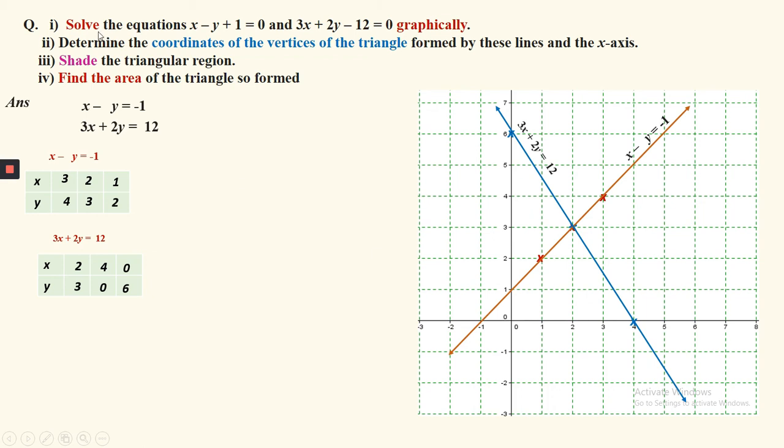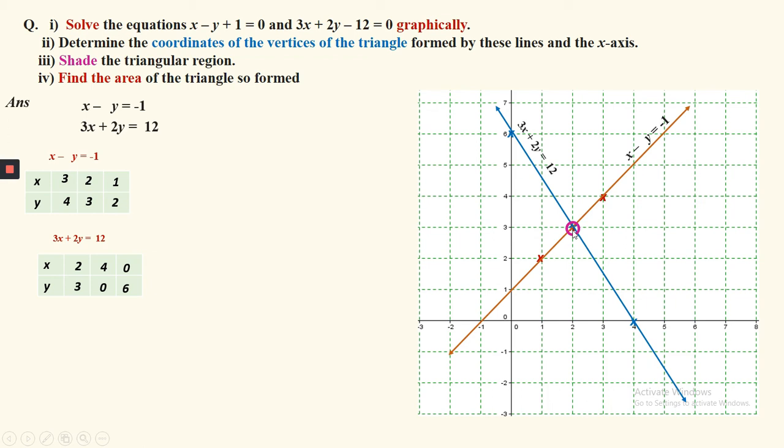And our task was to solve the equations. That means you have to find the solution which satisfies both the equations. And this is the point where the two lines are intersecting. So that point actually represents the solution of the pair of equations.